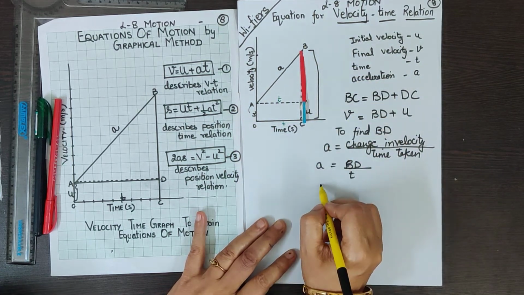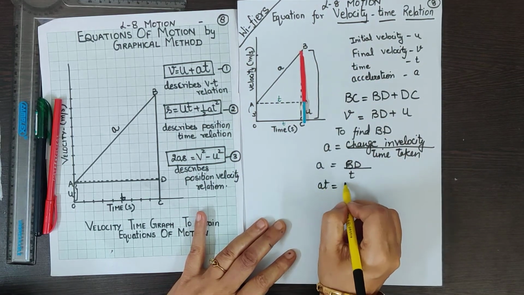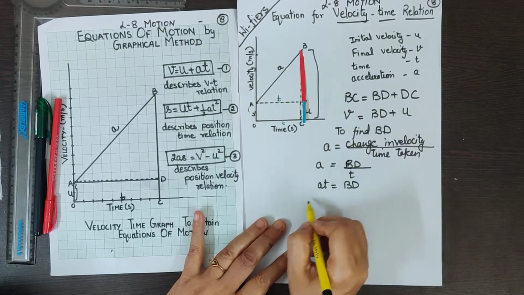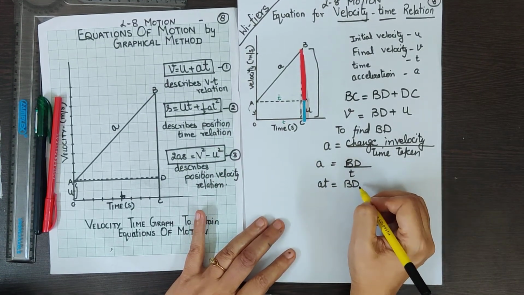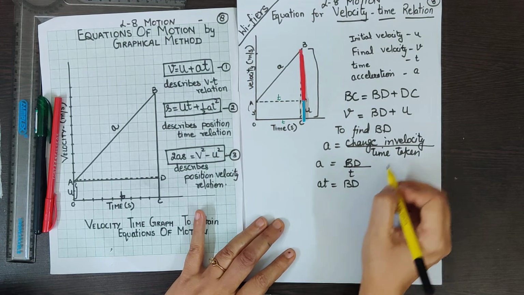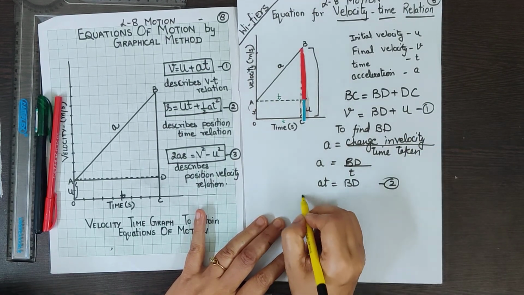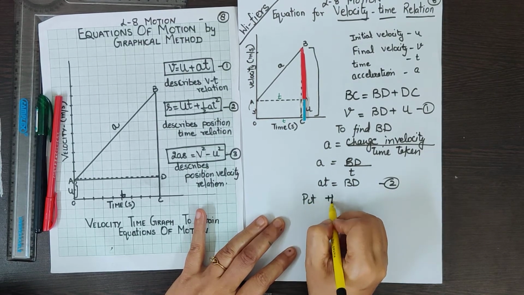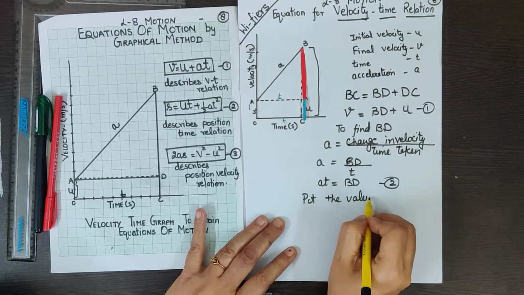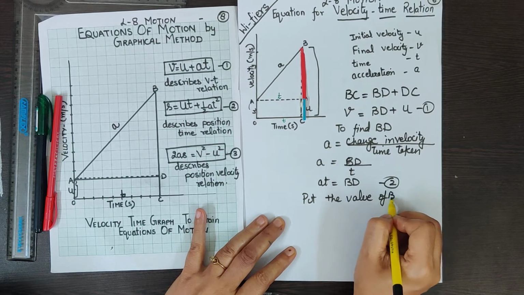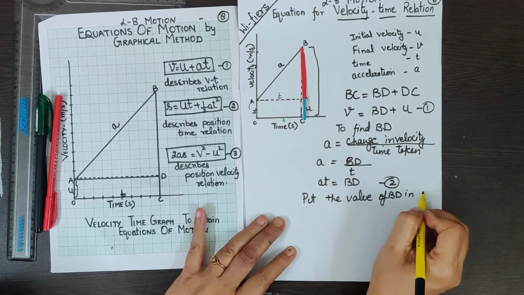The same way, at is equal to BD. So I have got this value here, BD. Let us say this is 1 and this is 2. Put the value of BD in 1.